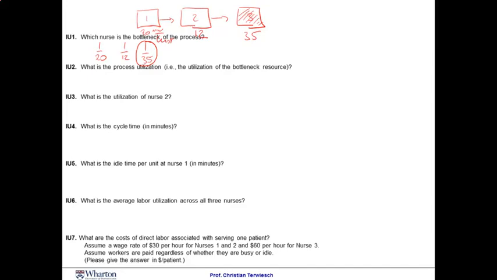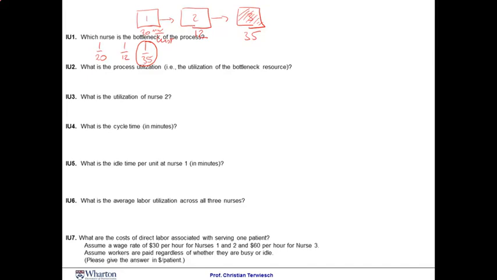Again, we find the bottleneck by looking at the resource with the lowest capacity. It's also in this case the resource with the longest processing time, but be careful, if we had 2 nurses or 3 nurses being staffed at the last step here, this would have the longest processing time, but it would still not be the bottleneck. So go for the lowest capacity to find the bottleneck.